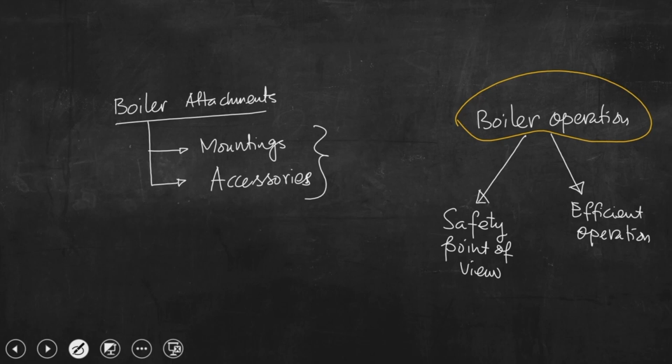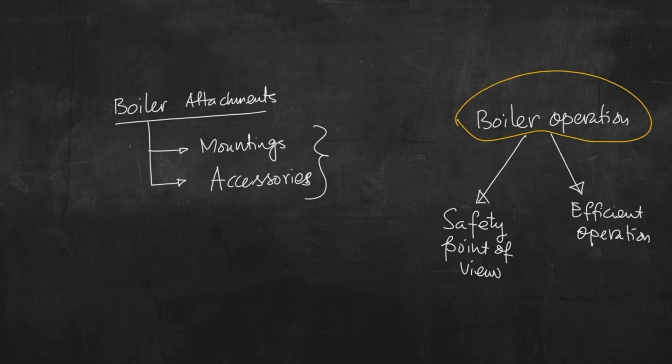In particular, if we try to recall the thermodynamic cycles that we have studied, we should try to get superheated steam from the boiler, right. So, to ensure that water circulated through the boiler is converted into superheated steam, this particular aspect needs to be looked at, and that is called efficient operation.